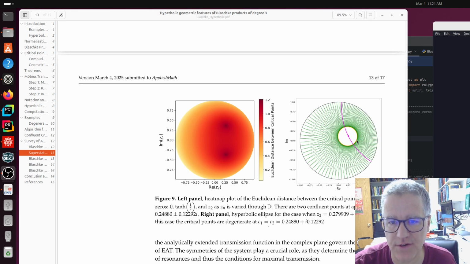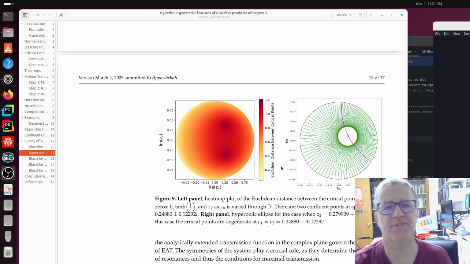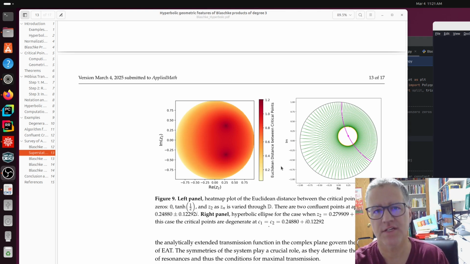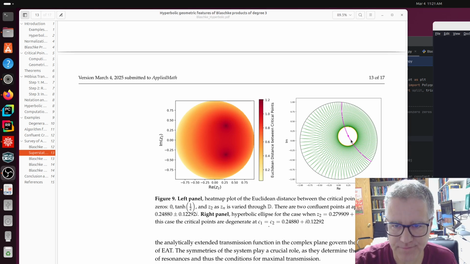Here's our zero at the hyperbolic distance, and then here's our zero at this point right here. And we see there's a confluence of those points. They're almost together right here. It's very numerically unstable, so it's difficult to get those right on top of each other, but you can.